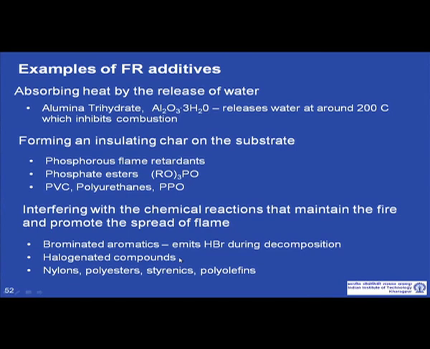They basically trap the radicals, which are presumed to be what spreads the fire. So, this HBr or HX, the hydrogen halides, trap those radicals and prevent the chemical reactions which spread fire, and they are mainly used for polymers like nylon, polyester, styrenics and polyolefins.